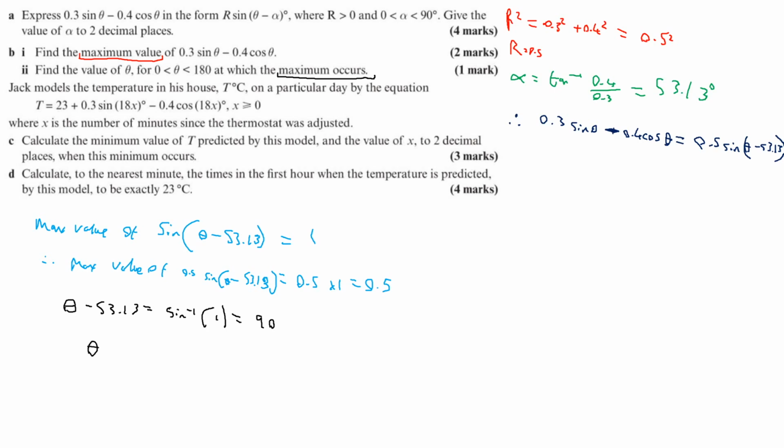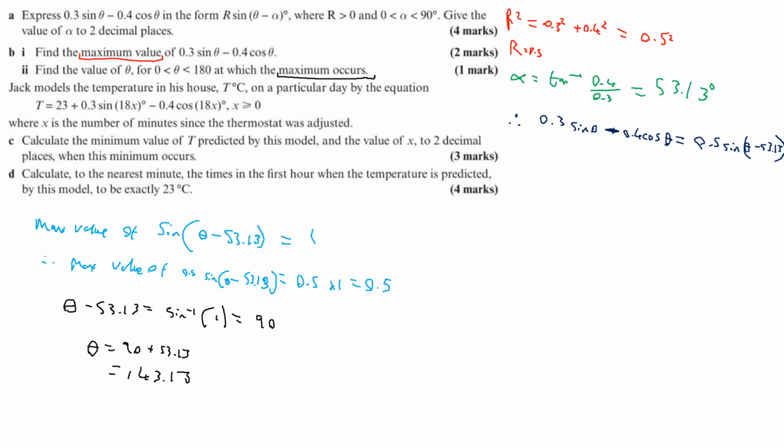So therefore, theta is equal to 90 plus 53.13, which is equal to 143.13. Okay?